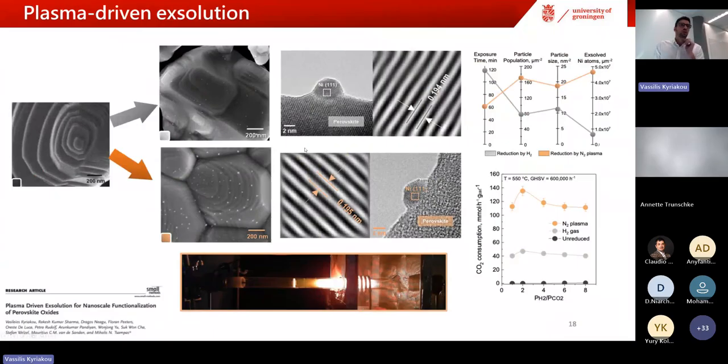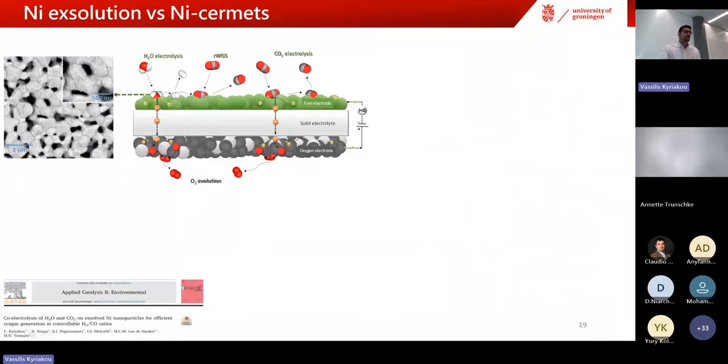Yeah, so now passing to another very interesting application of co-electrolysis. Since we covered some things about exsolution, what is happening and what is the advantage of exsolution in co-electrolysis, for instance? For that, we started by making a half cell supported on the ceramic electrolyte, scandia-stabilized zirconia.